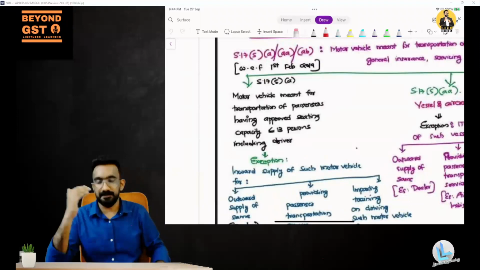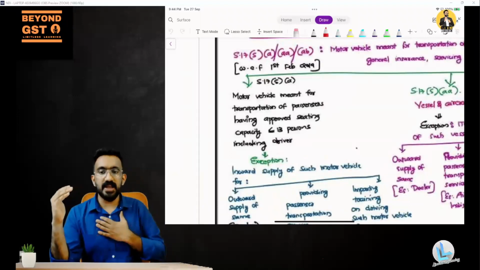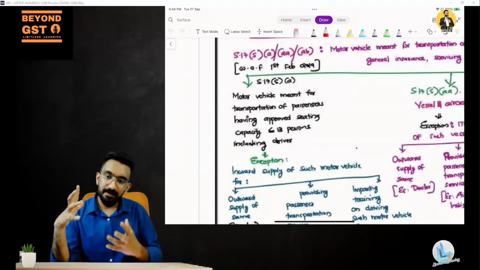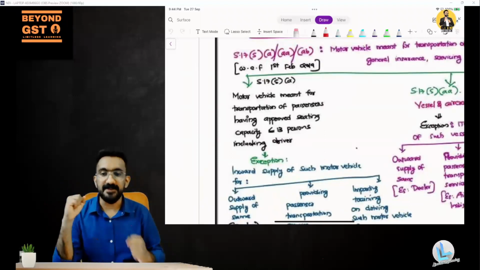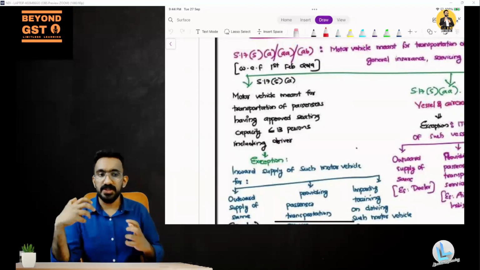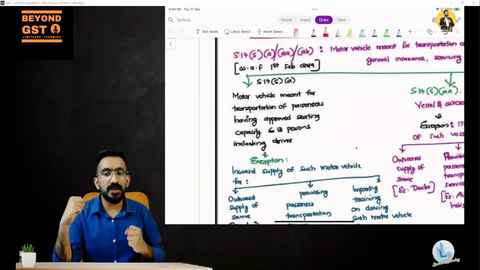Why? Say, I personally have a car. If you look at the car, I have paid around 2 lakh rupees just in GST. Now, if credit is allowed on purchase of a car for a company, what will I do ideally?